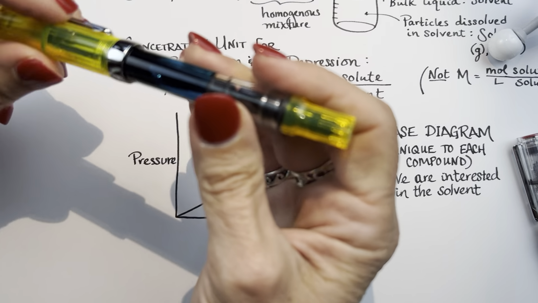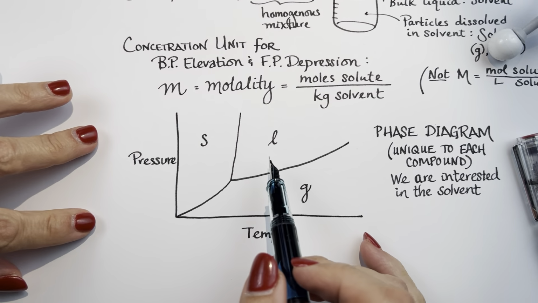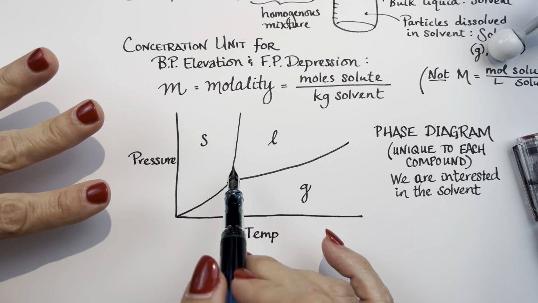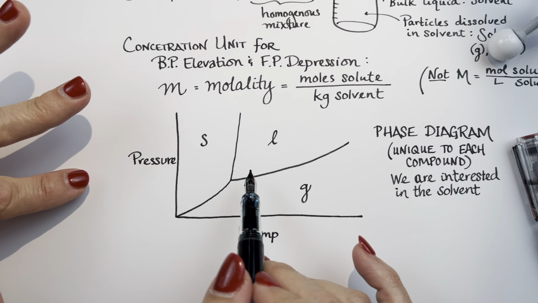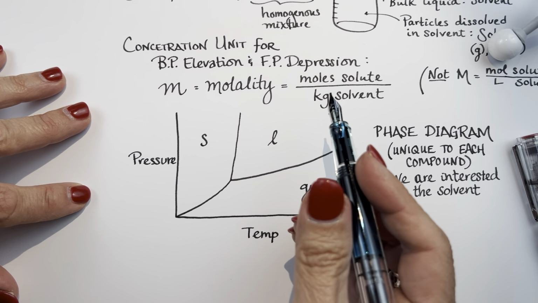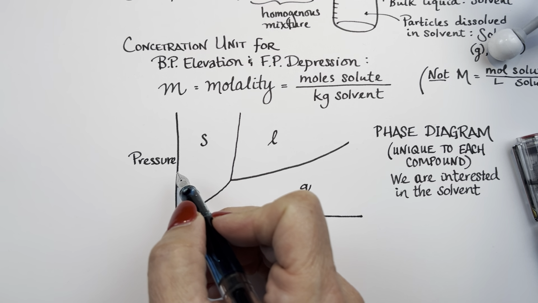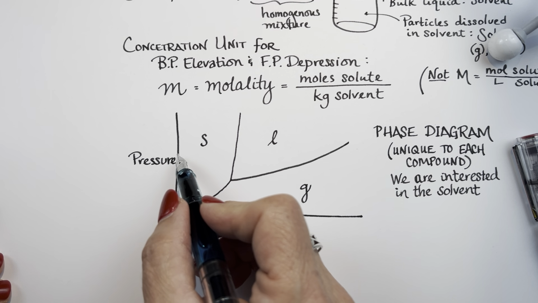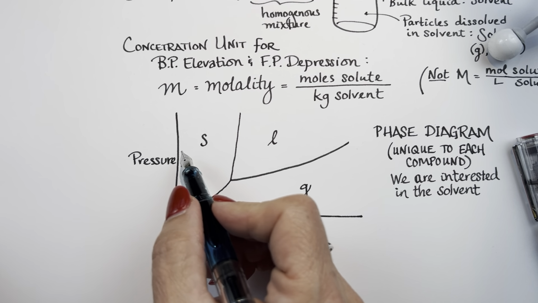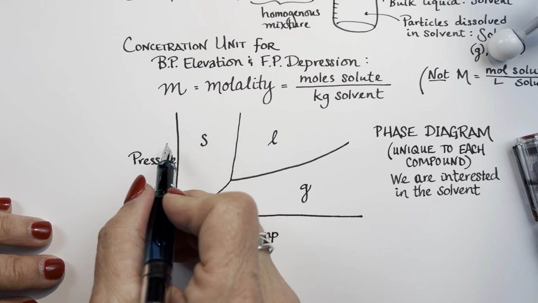Because what we're interested in everyday life is 1 atmosphere pressure. So, let us consider what happens here. Let's say I wrote pressure around where I wanted to put 1 atmosphere. How about if I do it about right here?